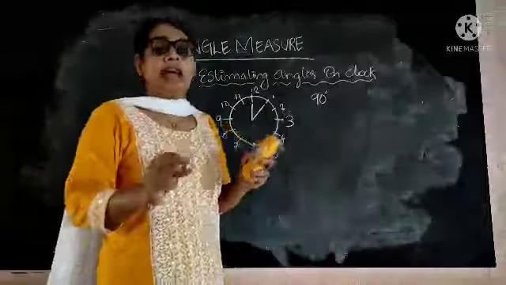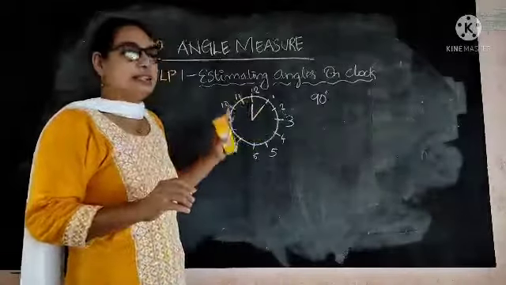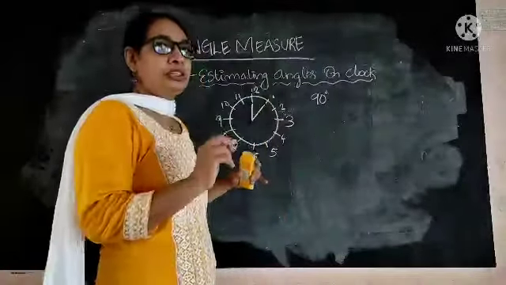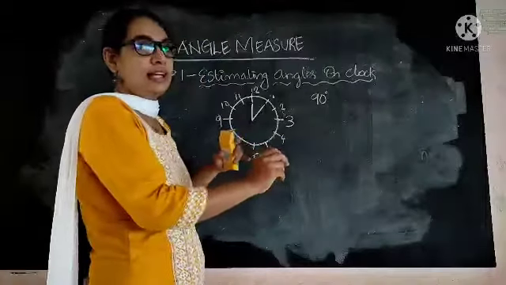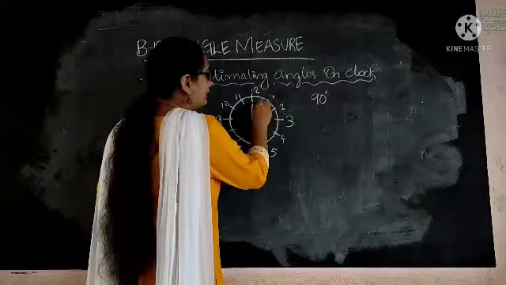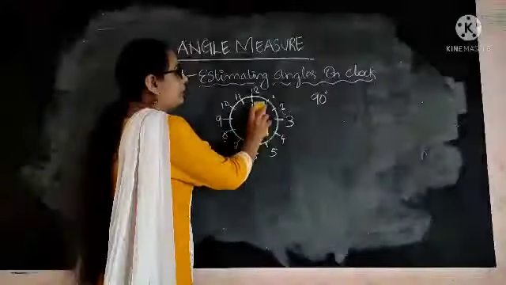What is the angle made by these hands between 12 and 1? When you studied estimating angles, right? So, no doubt, this is 30 degrees.